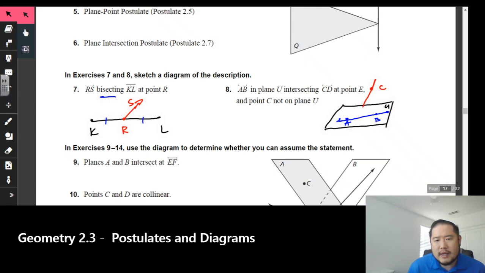Let me be more specific: AB is on plane U, intersecting CD at point E. So point E needs to be on this line right here because it all intersects, and that's where E is going to be, doing something like this, because E is on the plane while C is not. All right, so there's an example of that in number 8.